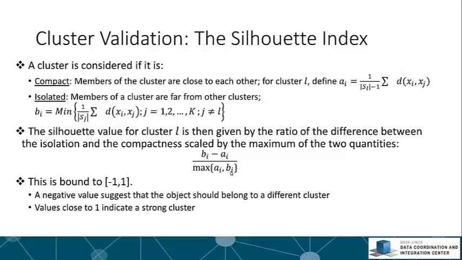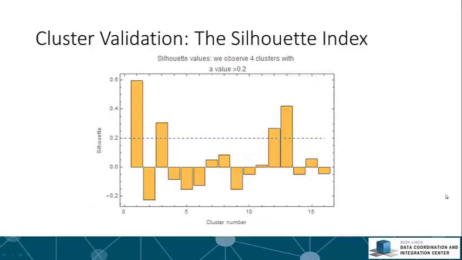A negative value indicates the object has probably been assigned to the wrong cluster, but a value close to 1 indicates that this object is a member of a strong cluster. So a cluster that has objects with silhouette index values close to 1 is a very good, strong cluster, and this is one way to measure the quality of a cluster.